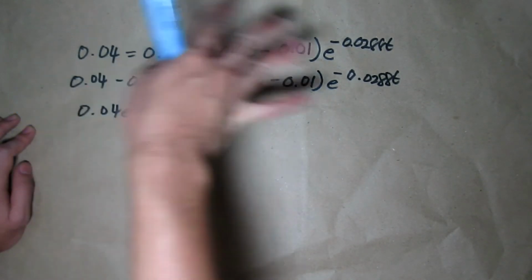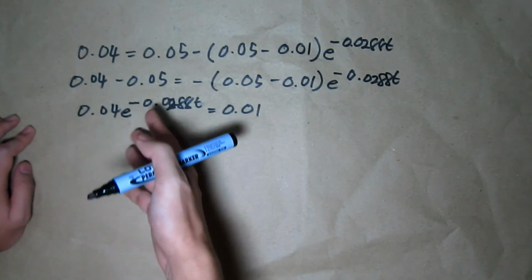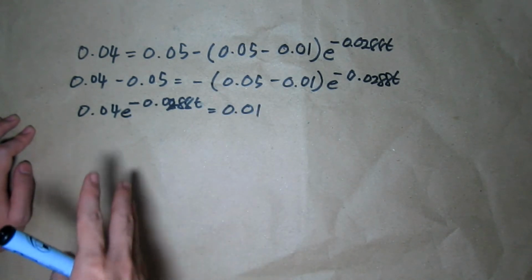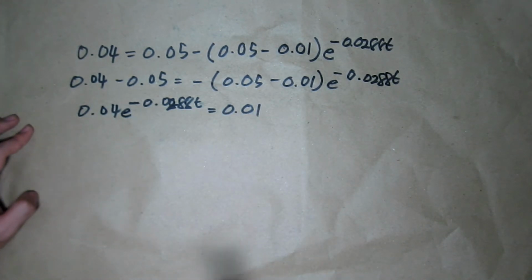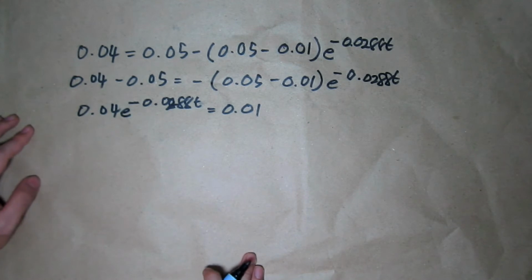See, because we transpose this one and it becomes 0.01, and this one we transpose that one and it becomes positive, and 0.05 minus 0.01 is equal to 0.04. You already know this. You can solve this very easily.